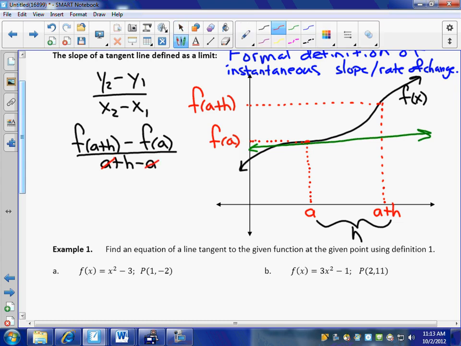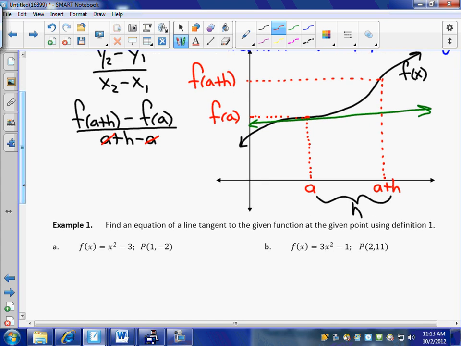Now, no, hold on. You guys, you're almost there. What I've written is an expression that shows exactly the slope of that blue line, the secant line. If I want to find the instantaneous rate of change, focus on this.